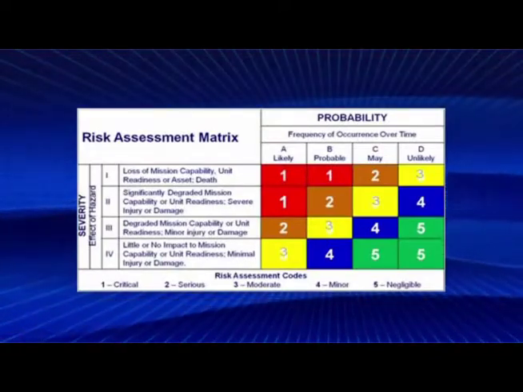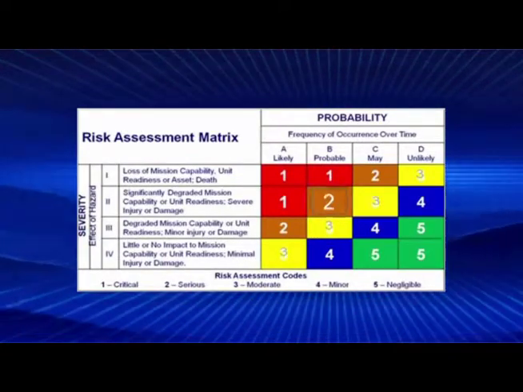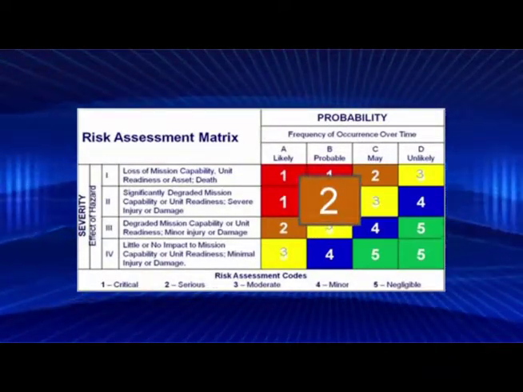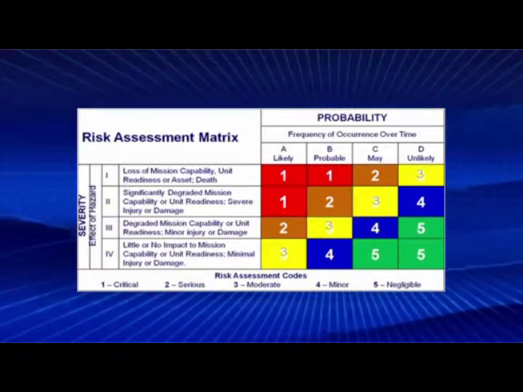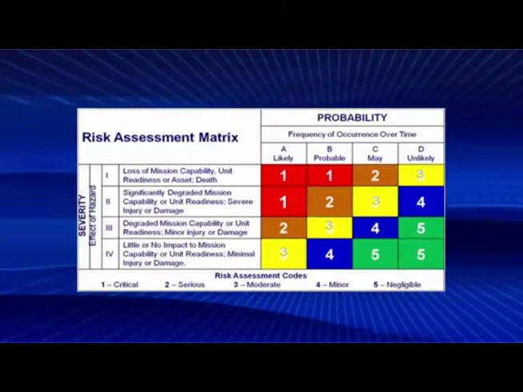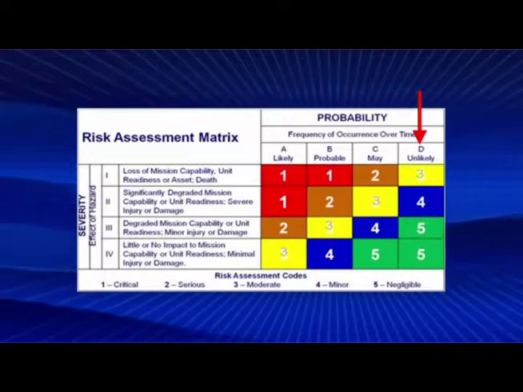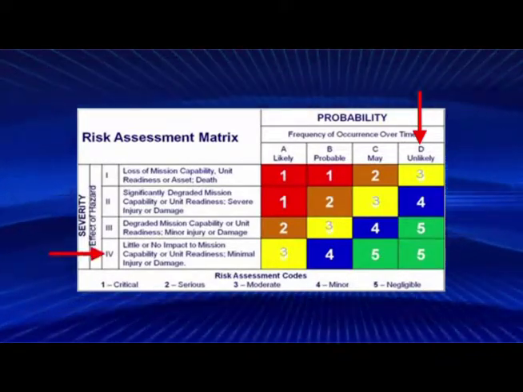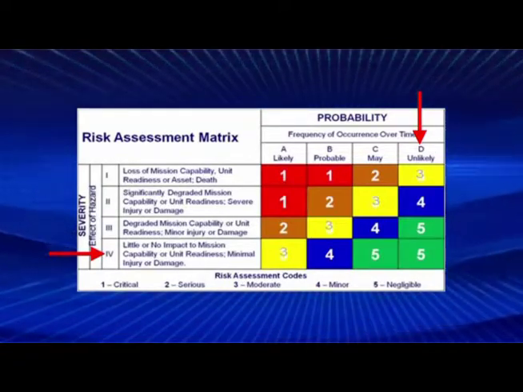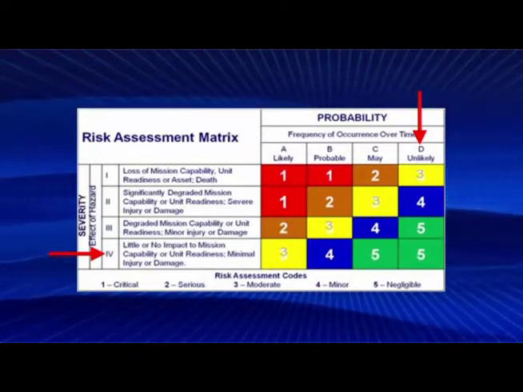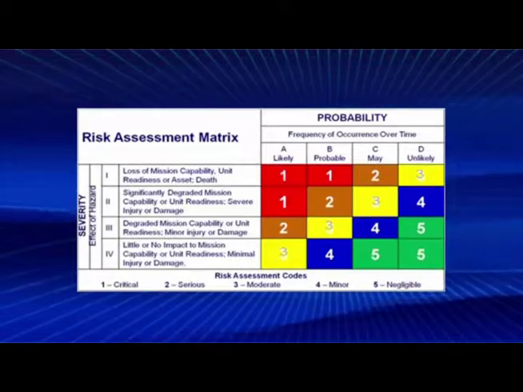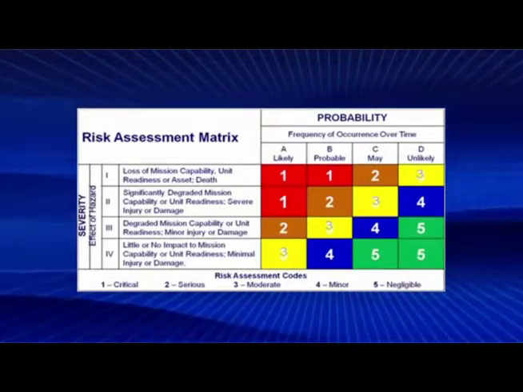If you remember, we had a probability and a severity of an overall RAC code of 2 initially. When I put those controls in place, I now believe, in my opinion, I move the probability down to a D, unlikely, with little impact to mission, a RAC code of 4 for severity, to an overall RAC code of 5, with negligible risk.